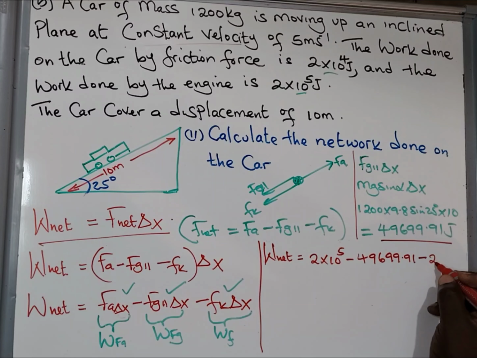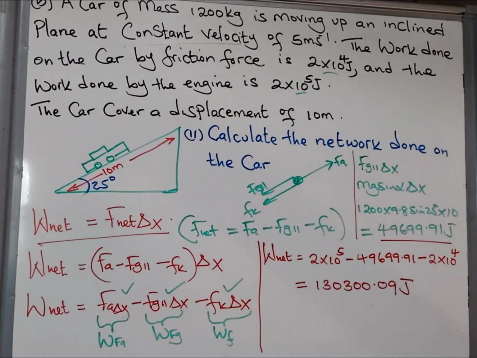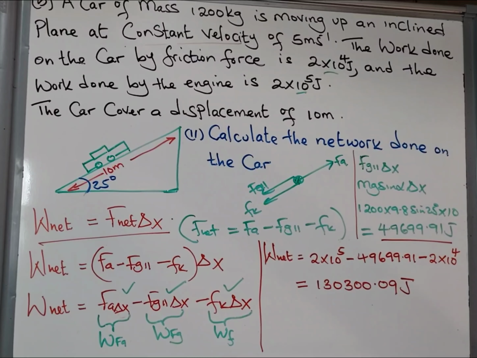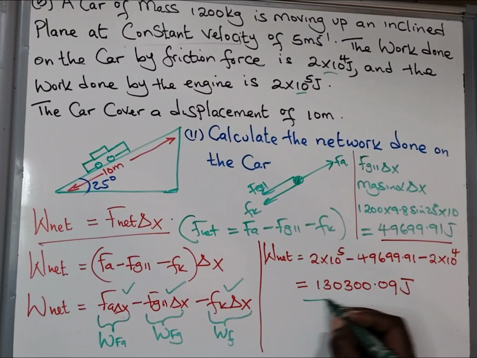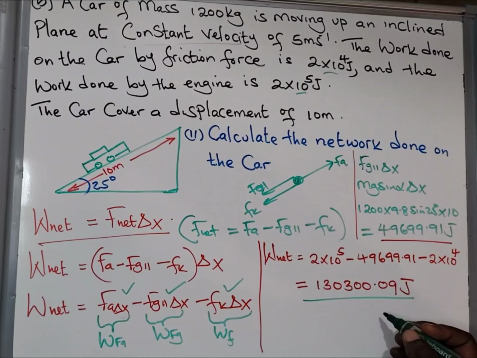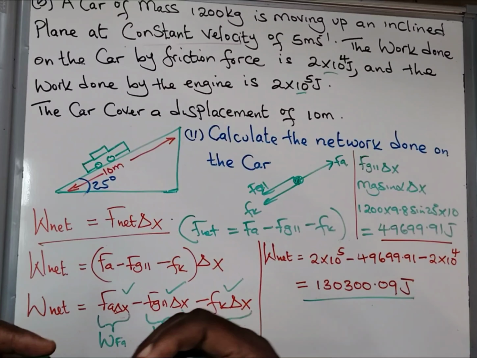It is 2 times 10 power 4. What we get out of that is our work done by net force. There we are. Our net work done on the car is 130,300.09 joules.